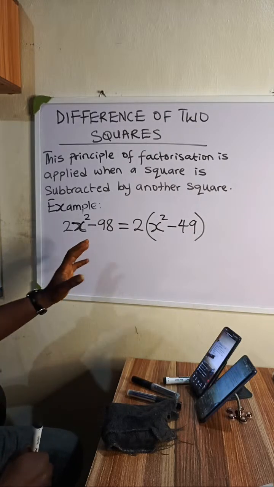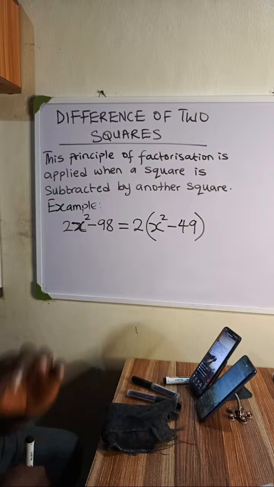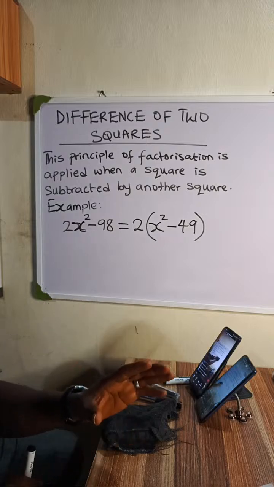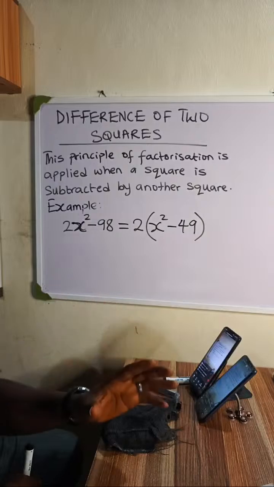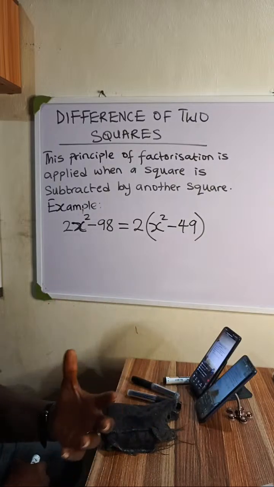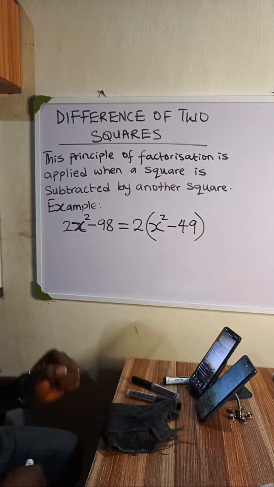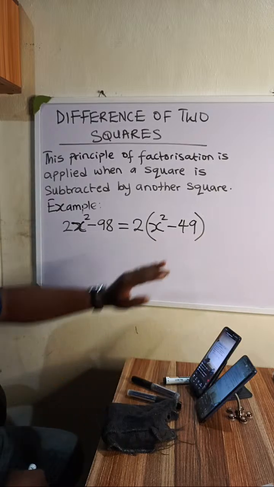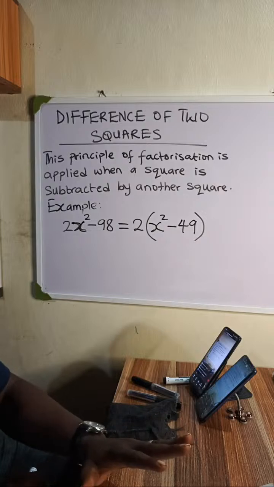But in this situation, there's something called factorizing completely. This means you have to factorize until you cannot factorize further. So we have factorized, but we have not factorized completely. Why?